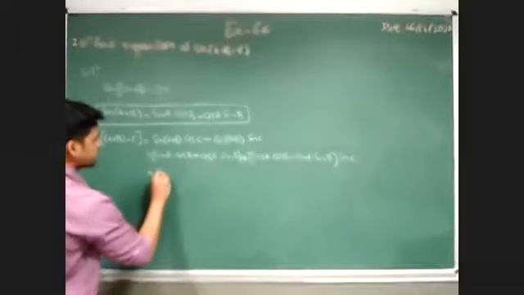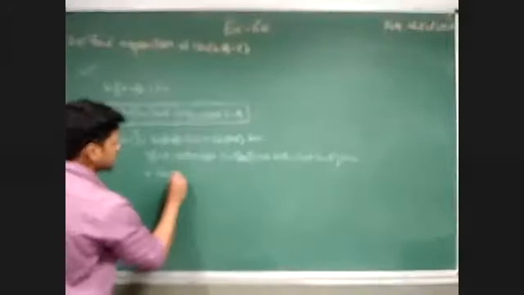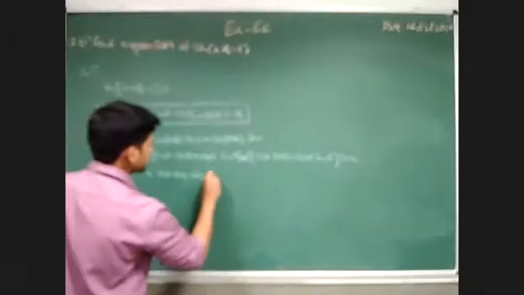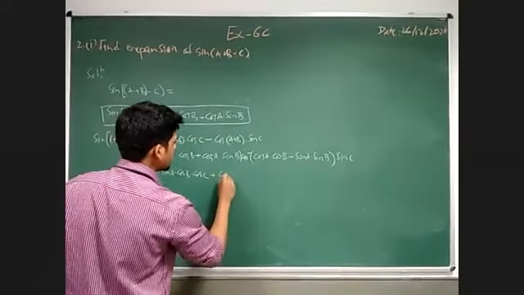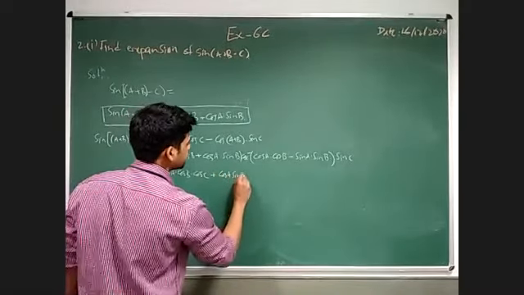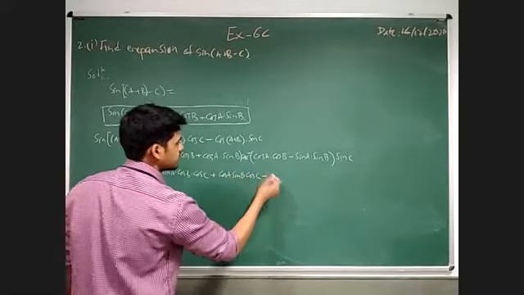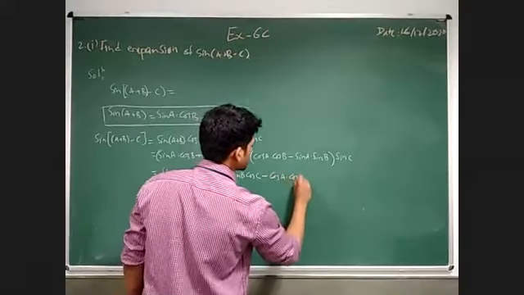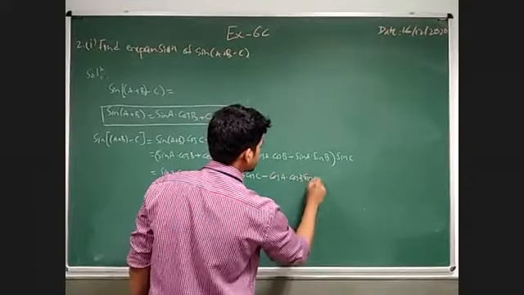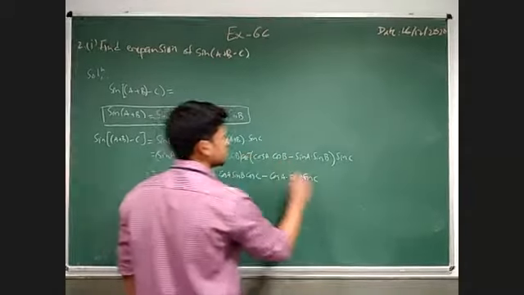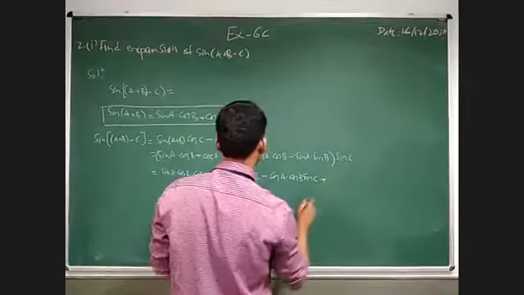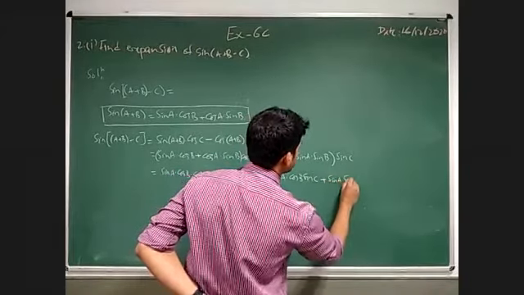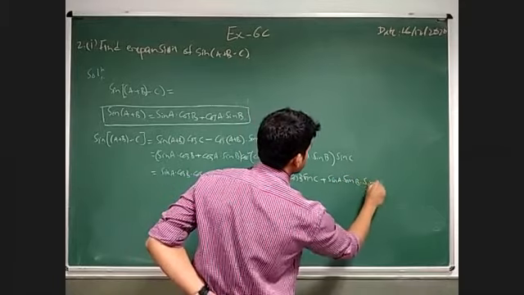So here I will have sin a cos b into cos c plus cos a sin b into cos c minus, then here cos a cos b sin c, then here minus into minus, here I will have plus, then sin a into sin b into sin c.